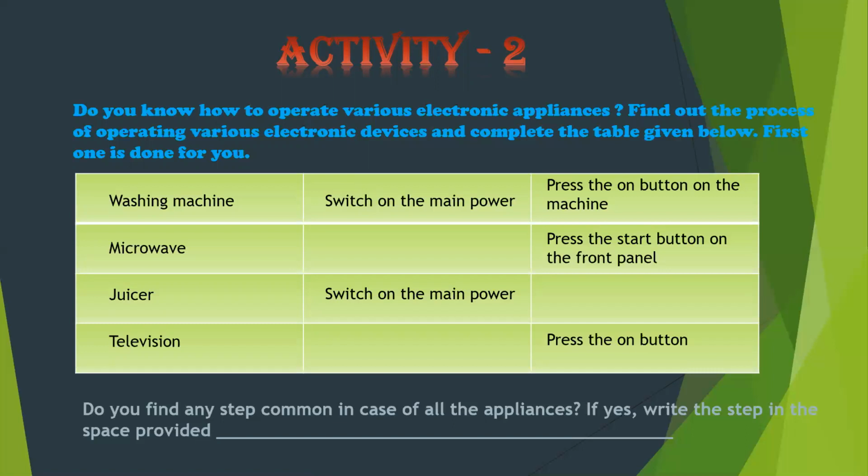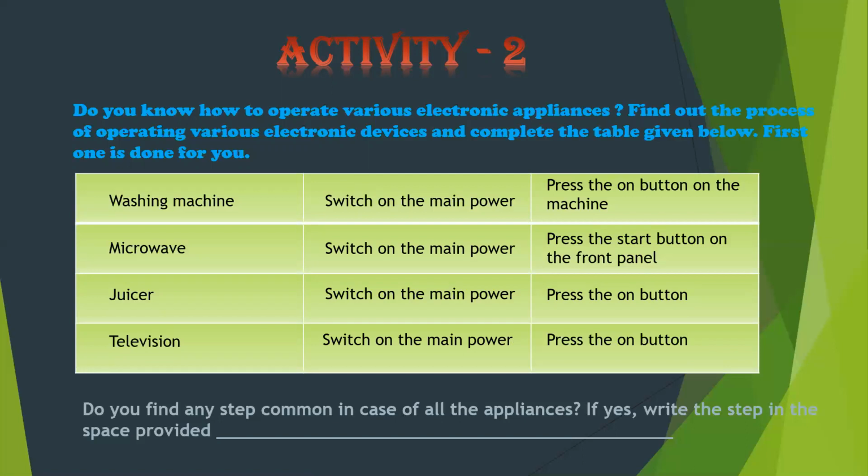The second appliance is microwave. What will be the first step, children? Yes, switch on the main power. Then you have to press the start button on the front panel. The next one is juicer. So what will be the step? Switch on the main power. Then you have to press the on button. And coming to television, what is the first step? Switch on the main power.